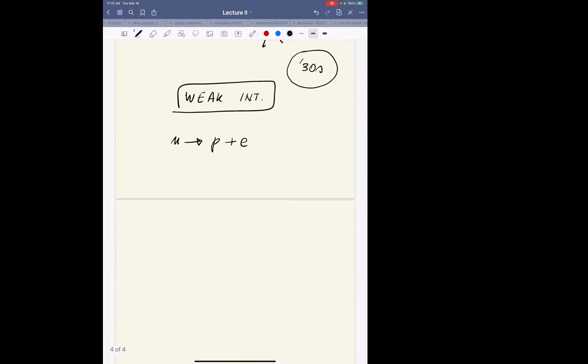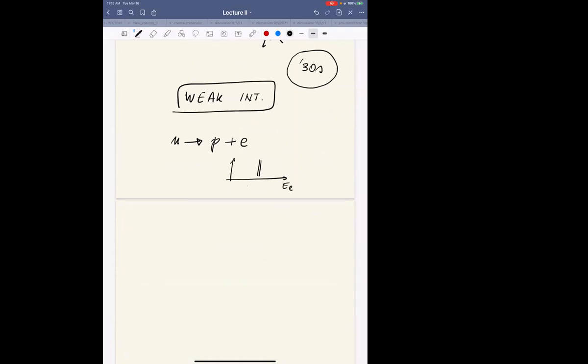And something was missing. Remember what was missing when the neutron was decaying into a proton and an electron? In this case, you would expect the electron energy, if this is the distribution, to be a line. This will be the energy of the electron.